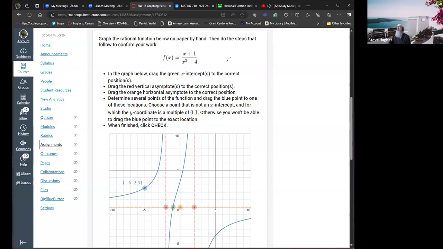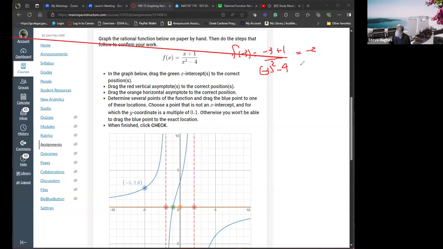I could try f of -3 if I wanted to, which is -3 plus 1, which is -2, divided by -3 squared minus 4, which is 9 minus 4.